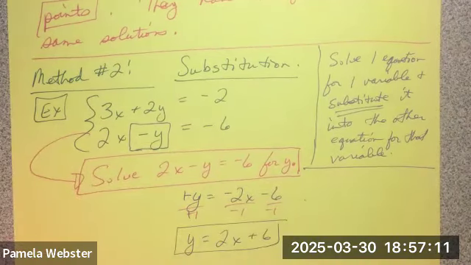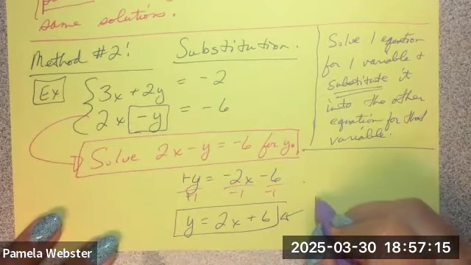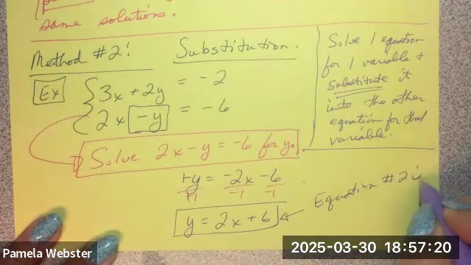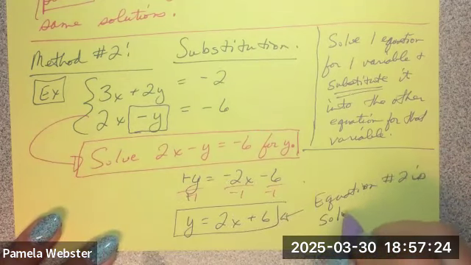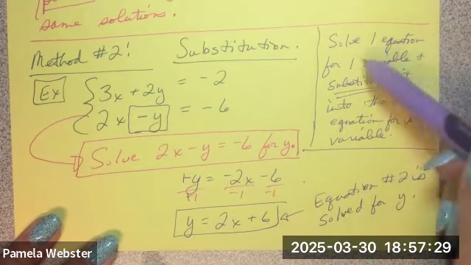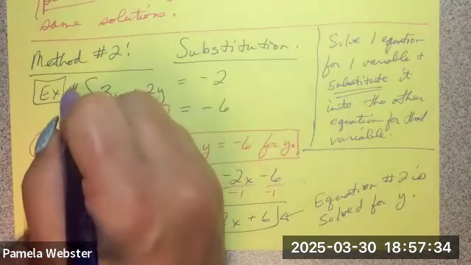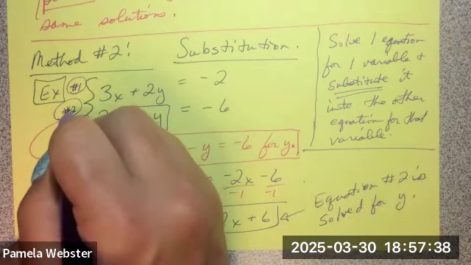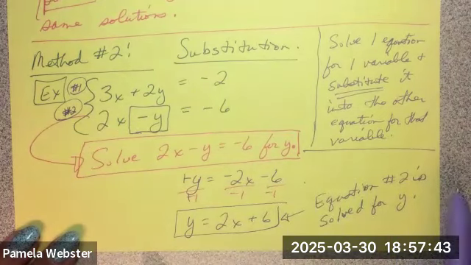There we go. Okay. So equation number 2 is solved here for y. Okay, that's the first part. Solve one equation for one variable. We got that. Okay. And I just literally said this is number one and this is number two. It's nothing special. I just said the first equation, the second equation. Okay, so equation number two. But I'm not finished.